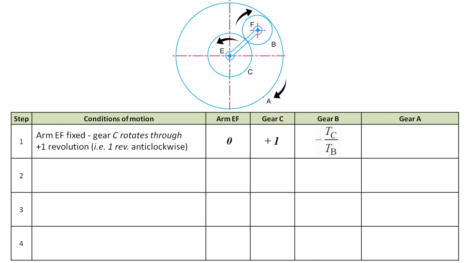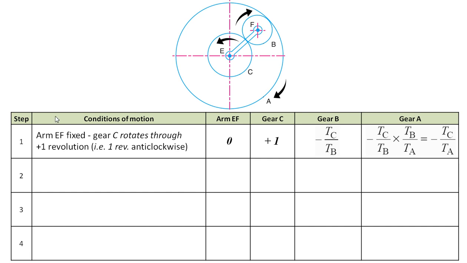Hence the rotation for A will also carry a negative sign. So it will be minus of TC divided by TB multiplied by TB divided by TA and finally we get minus TC upon TA. That is the first row of our table, assuming that EF is fixed and C has taken one anti-clockwise revolution.